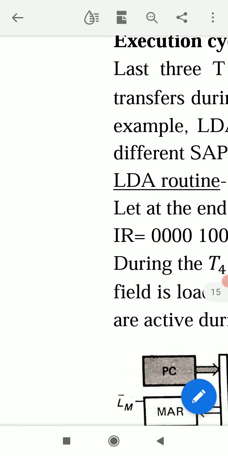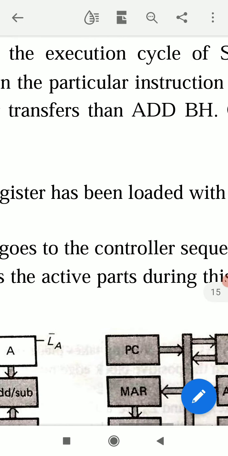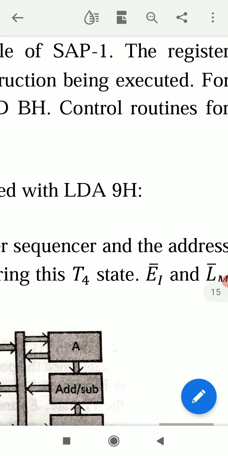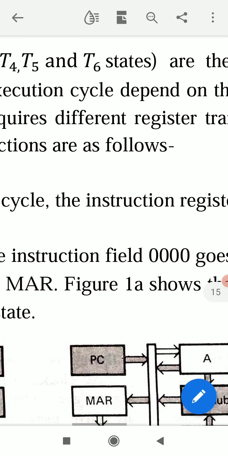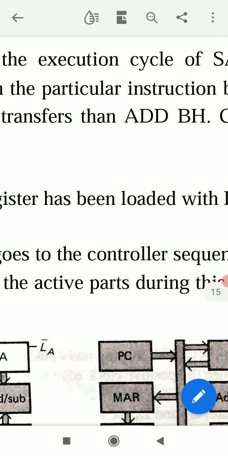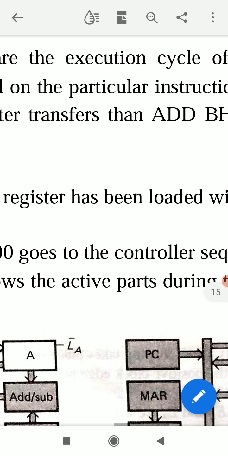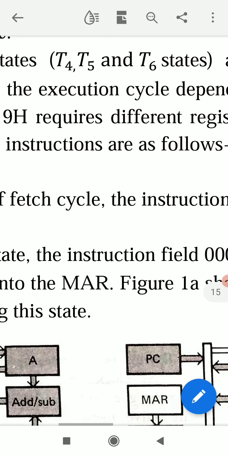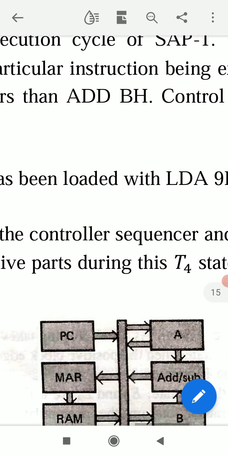The register transfers during the execution cycle depend on the particular instruction being executed. For example, LDA 9H requires different register transfers than ADD BH. These are two different instructions, LDA 9H and ADD BH. So these require different register transfers.